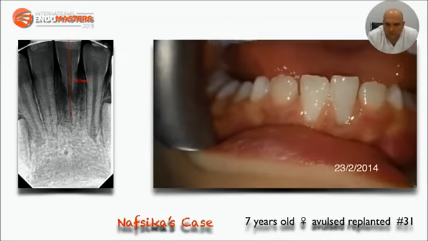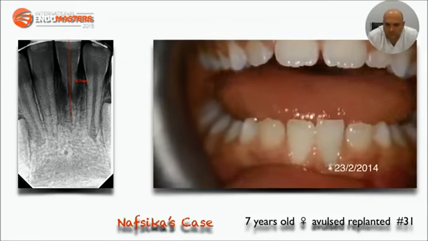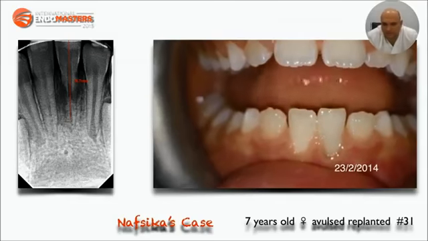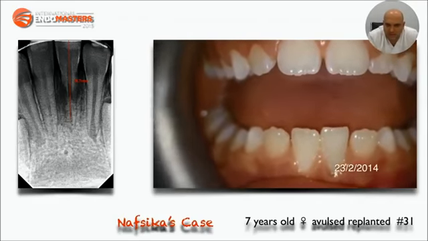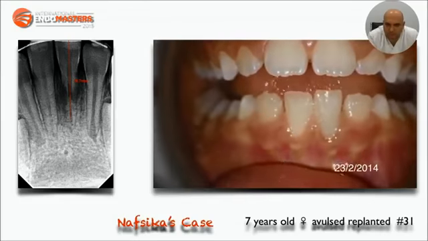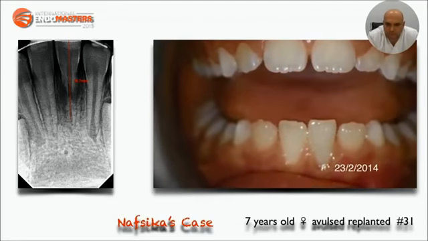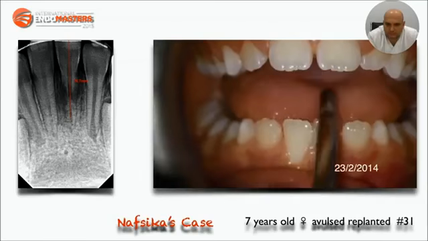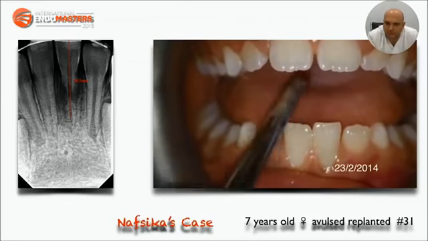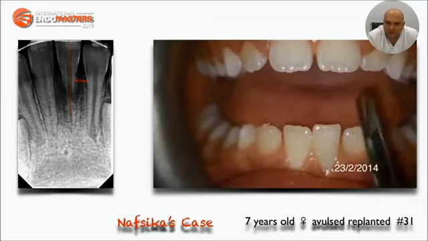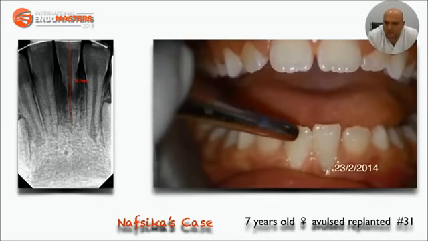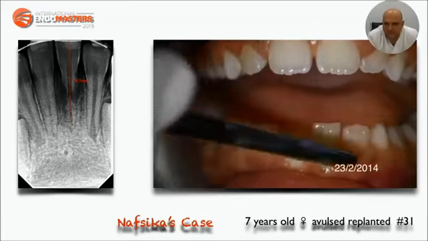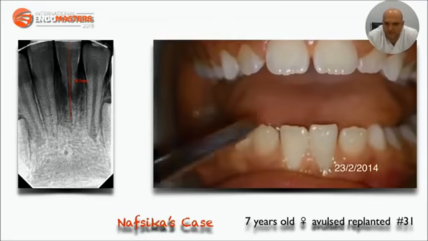The mobility of the tooth is within normal limits. And I left the sound here for you to see that the tooth is not ankylosed. The sound is almost the same as the adjacent teeth.